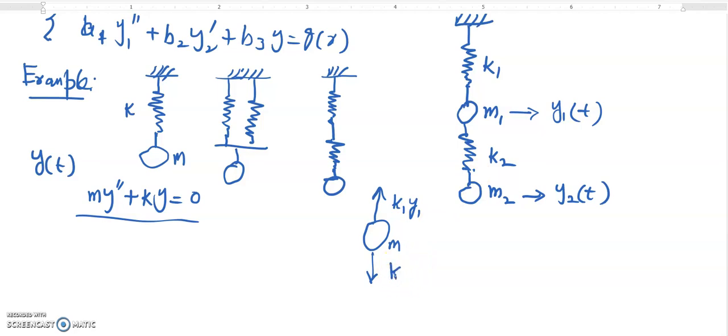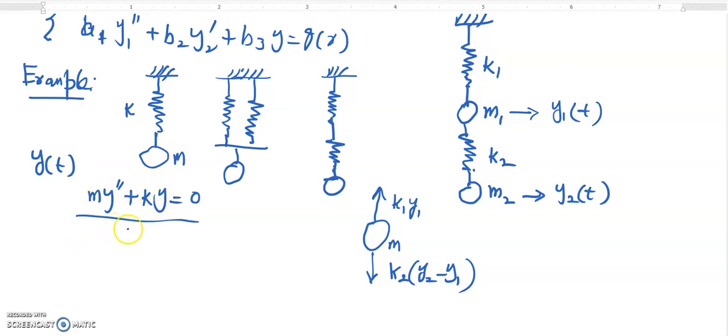The extension in this spring k2 will be affected by the other spring, so it will be given by y2 minus y1.